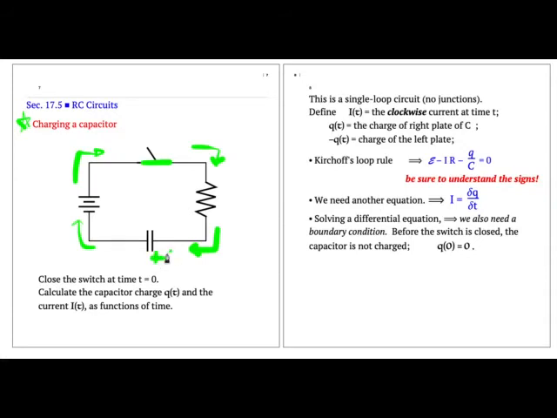A positive charge on this side of the capacitor and a negative charge on this side. In other words, you'll have a charged capacitor. Of course, the overall charge in a capacitor is always 0 because a capacitor has equal but opposite charge on the two conductors. So the total charge is 0, but there's a separation of charge into plus Q on one plate and negative Q on the other plate.